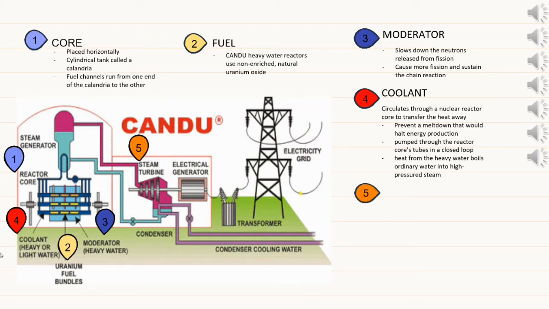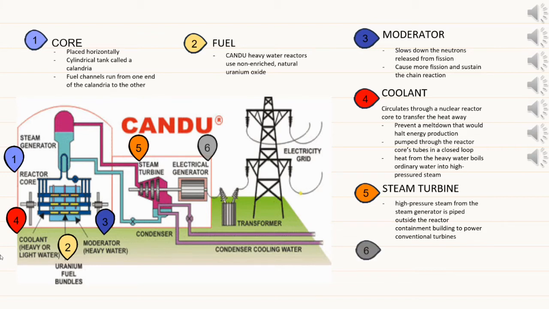Steam generator will produce high pressure steam, so this steam will be moved to steam turbine, and the pressure from the steam will cause the turbine to move, act as a big magnet to produce electricity. And the last one is electrical generator, so it will change the movement of the steam turbine to electricity, and then the electricity will be distributed to the grid.